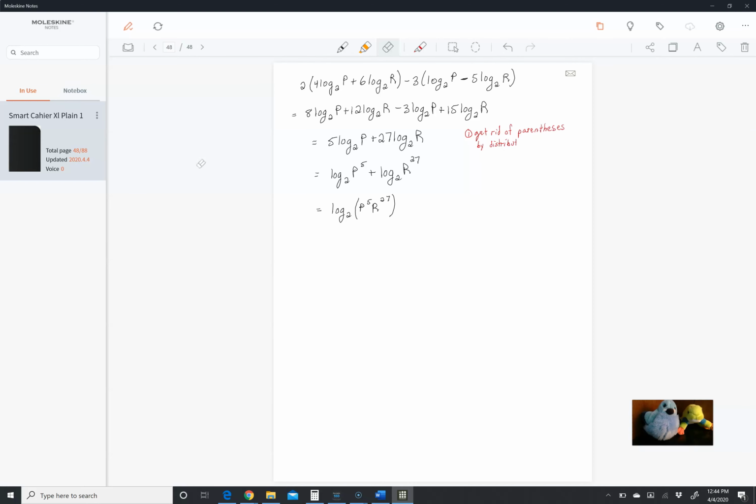Second thing that we did is we combined like terms. It's the same steps every time. Third step was to move the coefficients into the exponents.